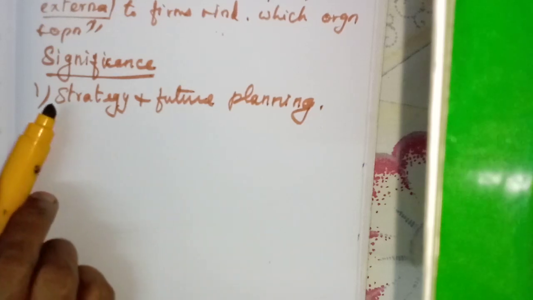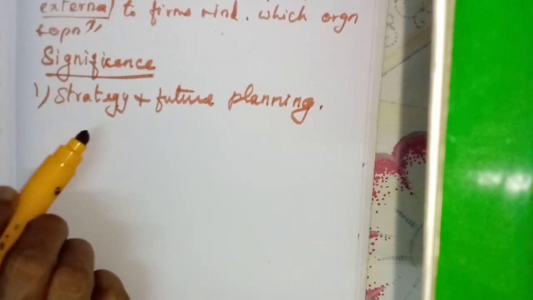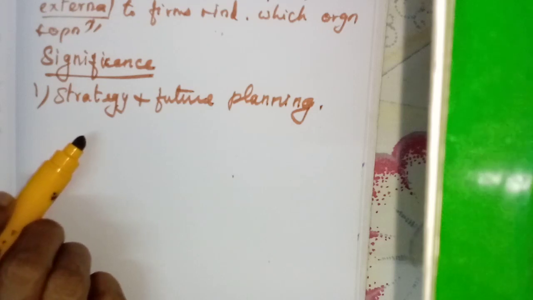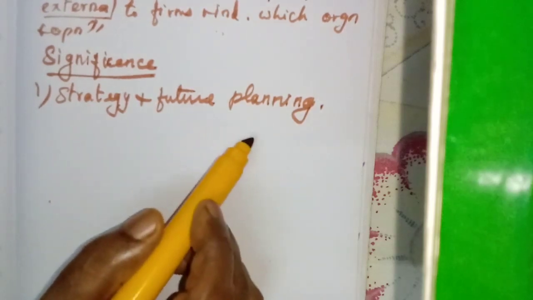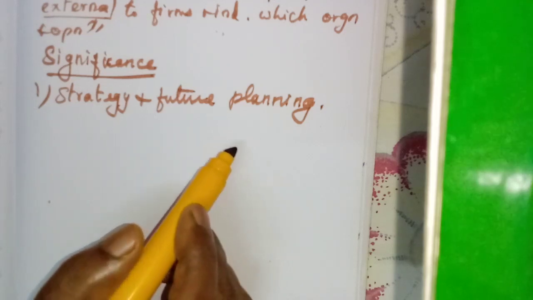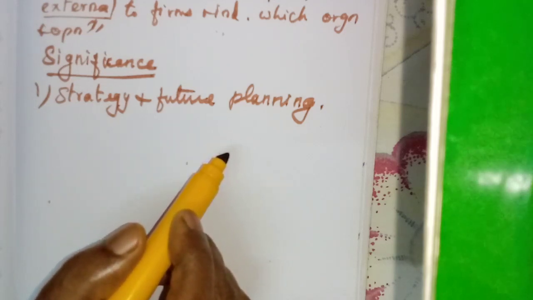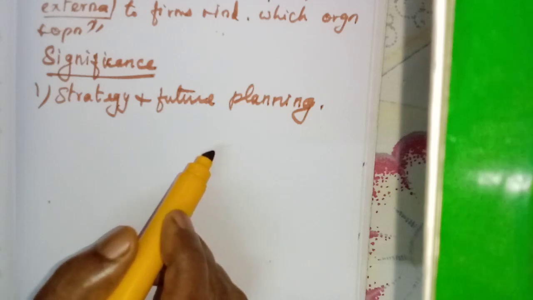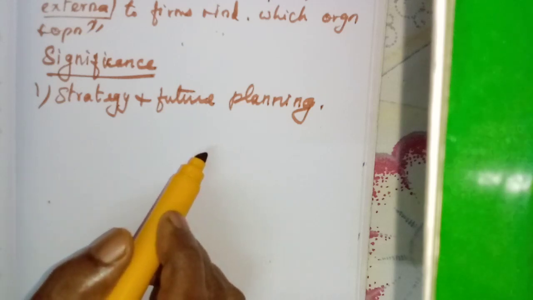Their rules and regulations, their system, their process, and how in future they have to take some measures to improve the business environment, to develop the business.